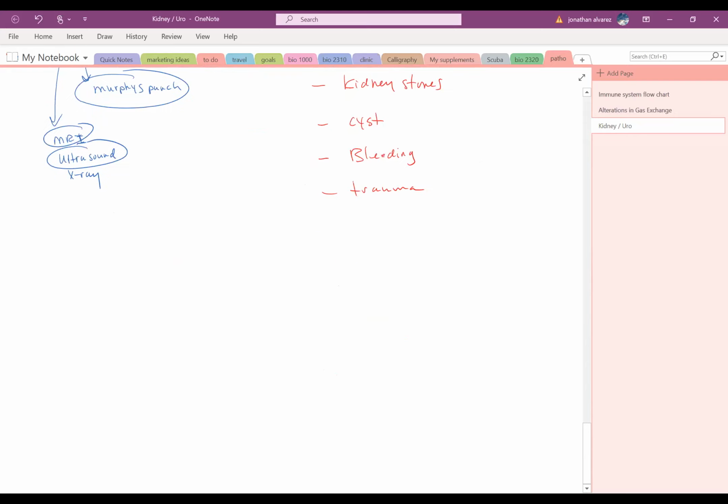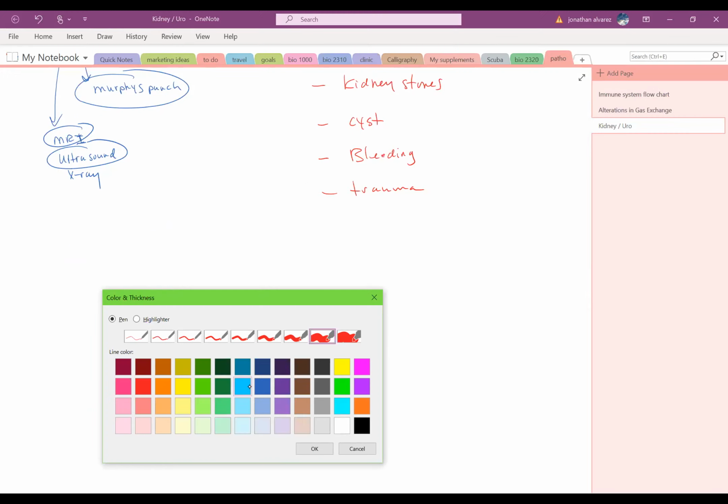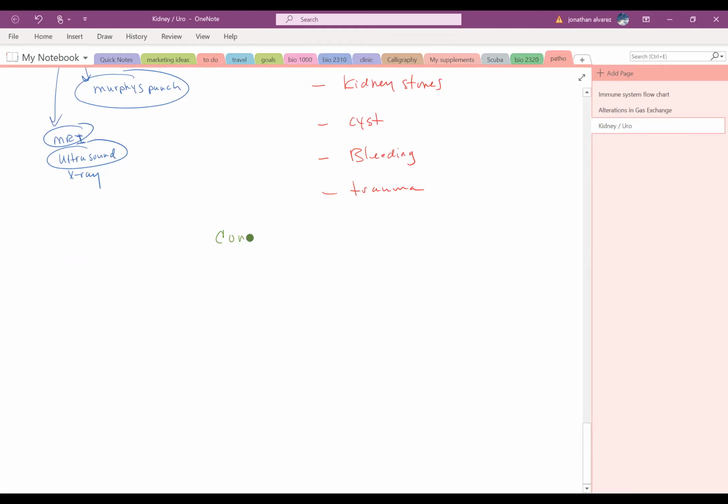Okay, other things that can cause kidney issues would be congenital. So that would be just malformations, and there's all sorts of varieties of different malformations.